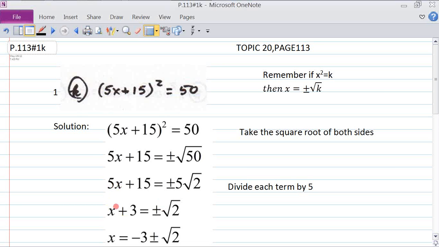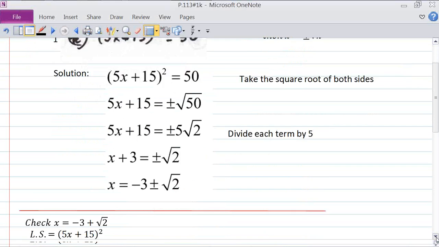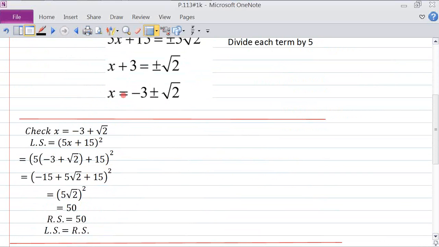So 5x divided by 5 gives me x. 15 divided by 5 gives me 3. And plus or minus 5 root 2 divided by 5 gives me plus or minus root 2. So the solution is minus 3 plus or minus the square root of 2.